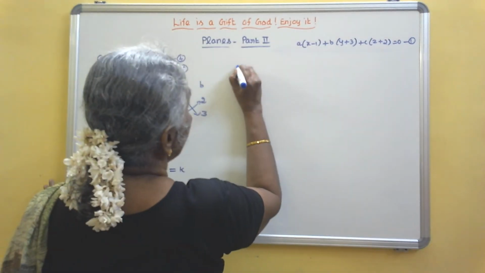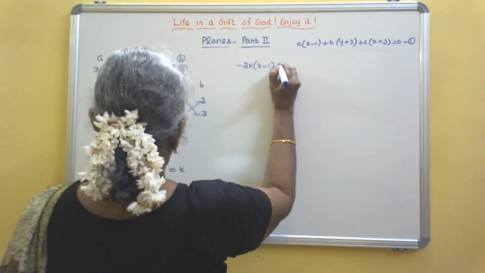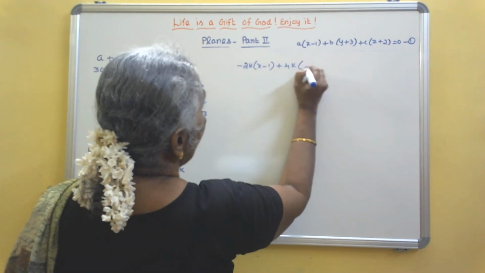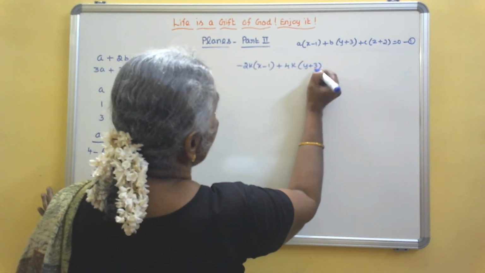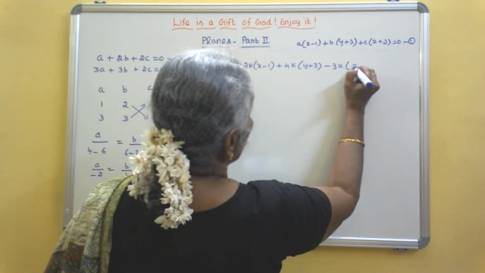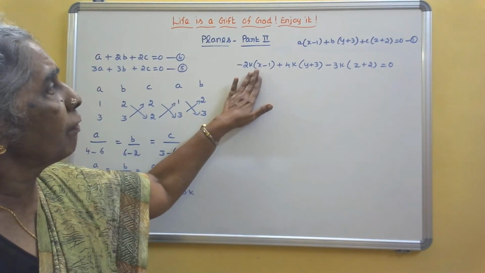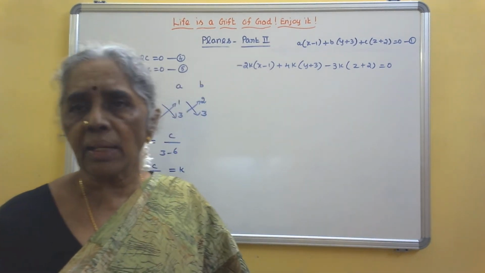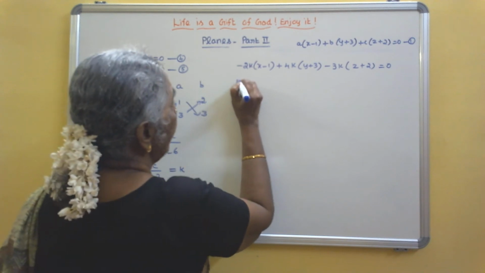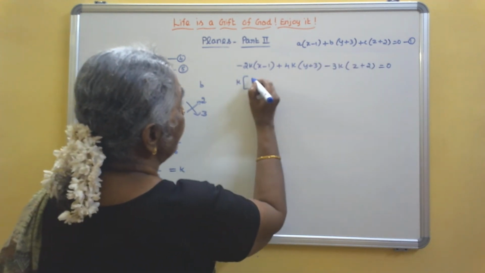So now I will get minus 2k into x minus 1 plus 4k into y plus 3 minus 3k into z plus 2 is equal to 0. Now for the 3 terms k is common. Actually I can take the k out and then I can just remove it because I have a 0 there.